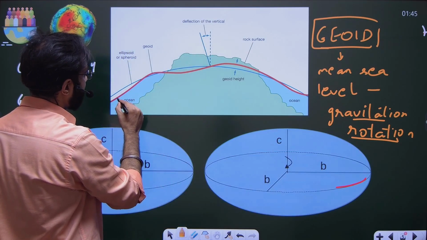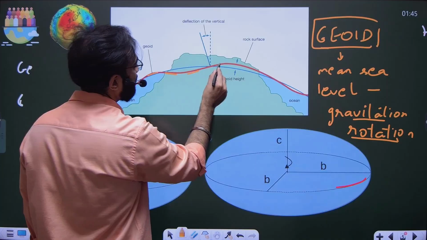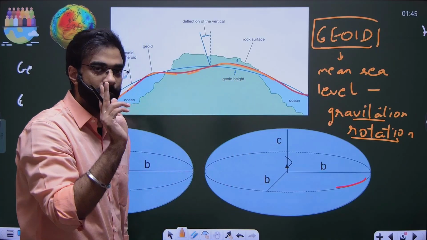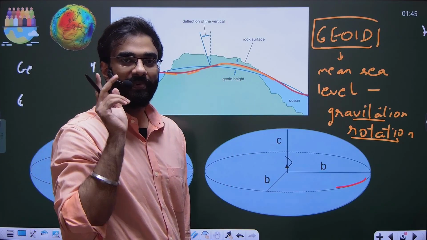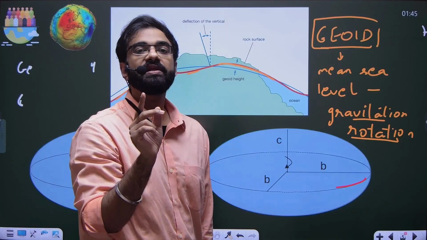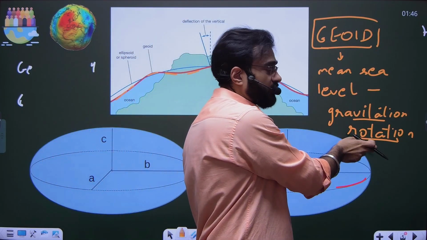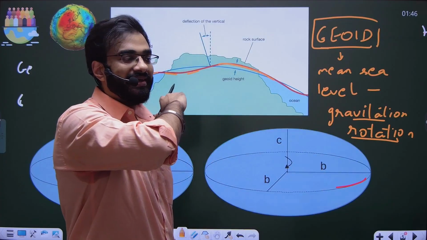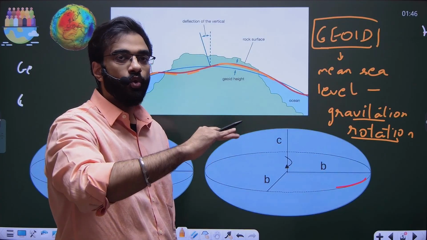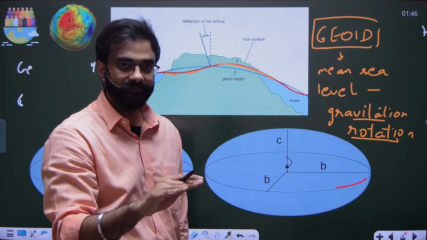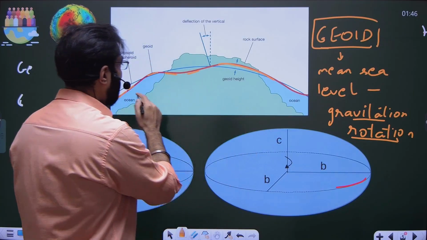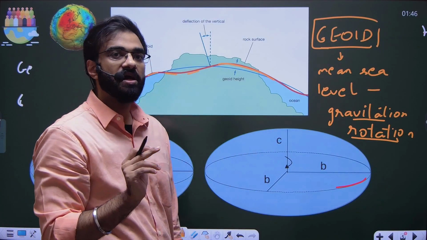The red line is representing the geoid. It is undulating. It represents the mean sea level obtained if we take into consideration only the gravitational force and the rotation of the earth. We neglect the tides, the ocean currents, and the wind. Okay. It is also a smooth surface, but it is undulating.